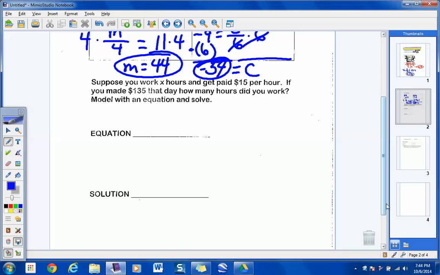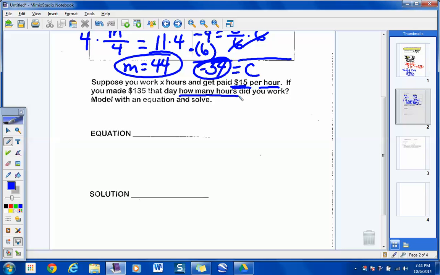Now guys, as I look at this right here, well, I would simply say if I made $135 at a rate of $15 per hour, I would simply take 135 and divide by 15, okay? But the idea is that we're working a certain number of hours at a rate of $15 per hour, okay? Our job is to figure out how many hours we work.